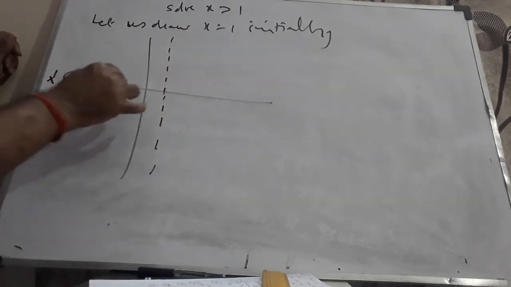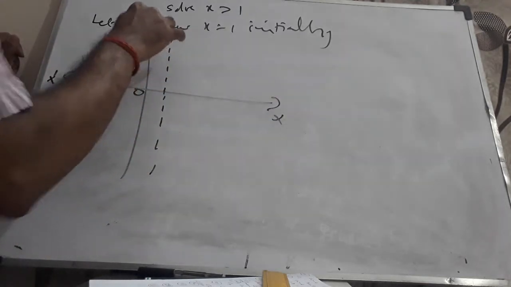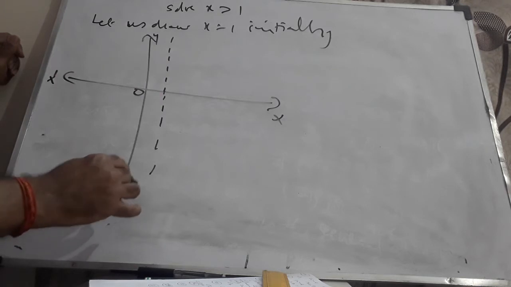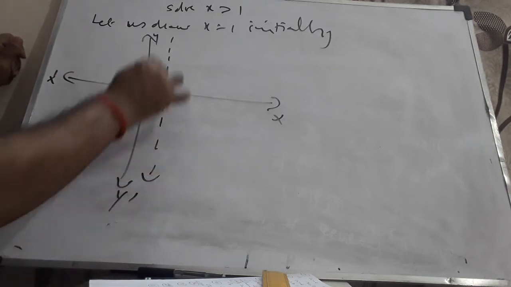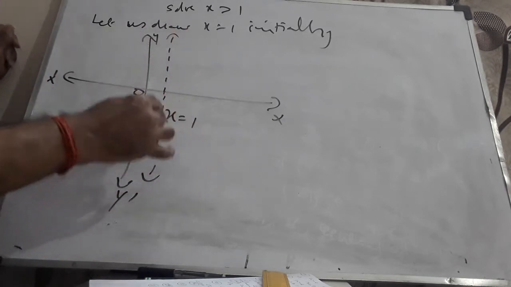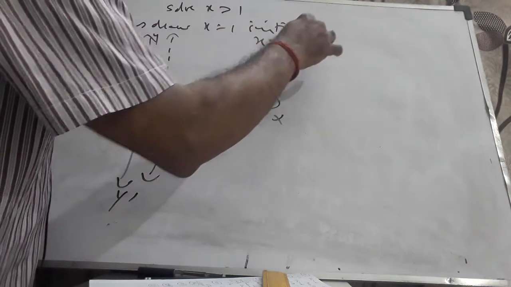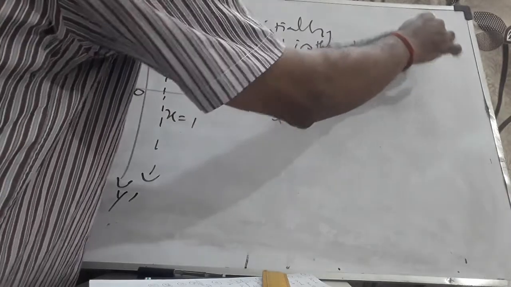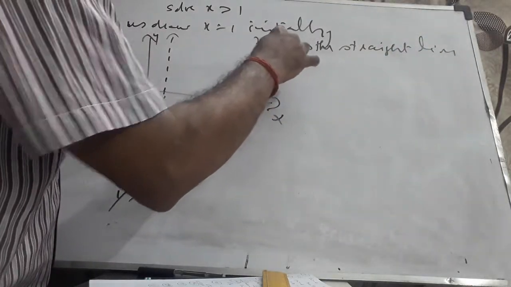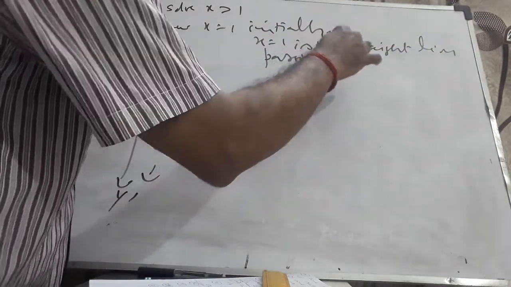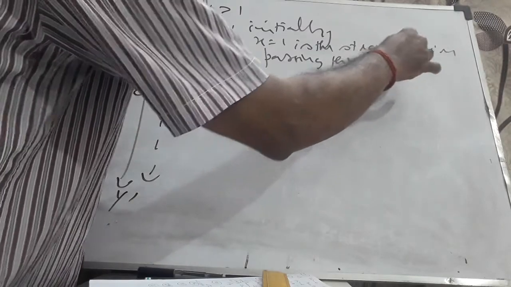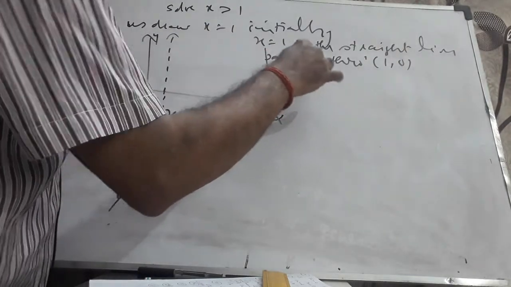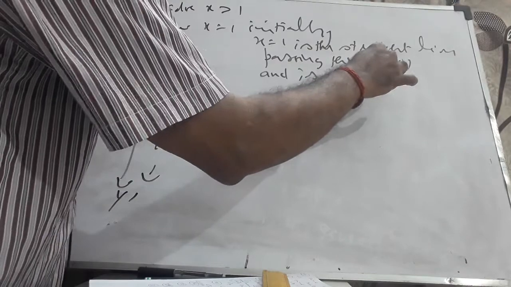Just see here, this is how we draw the diagram. This is x equal to 1. It is the straight line passing through (1, 0) and is parallel to the y-axis.